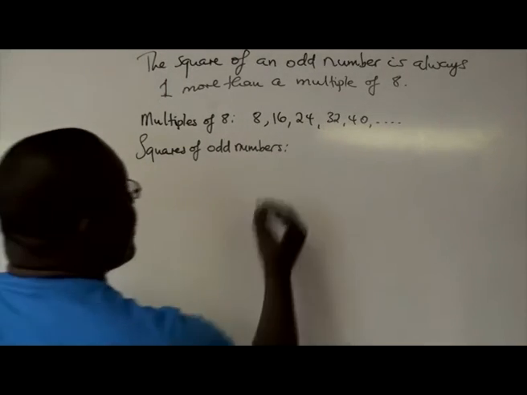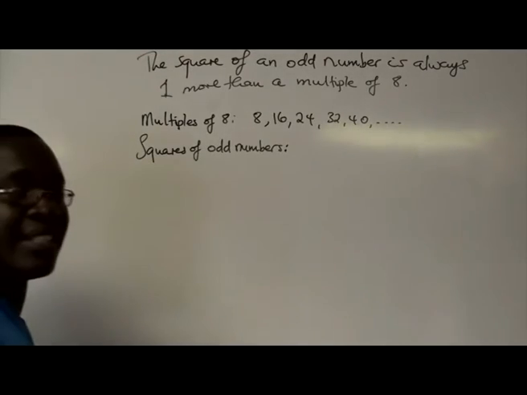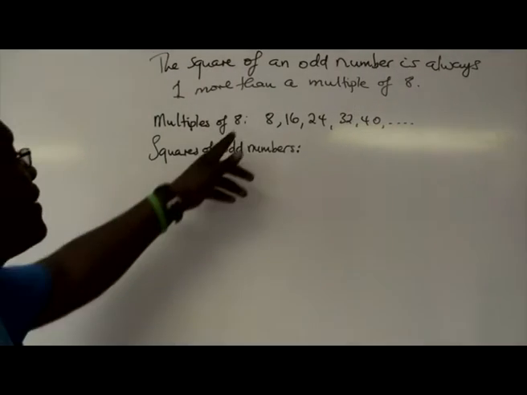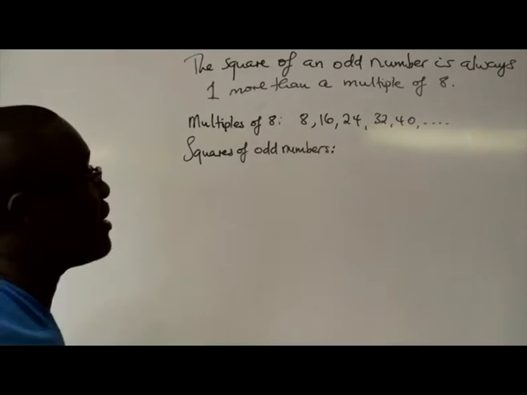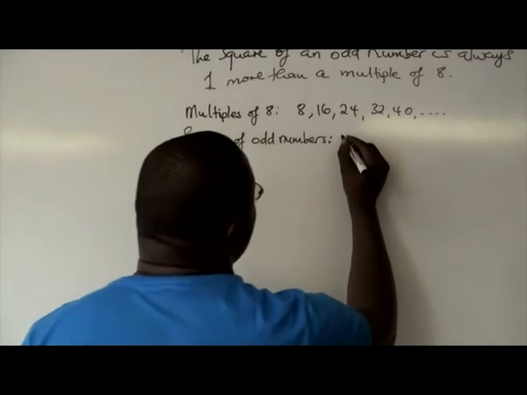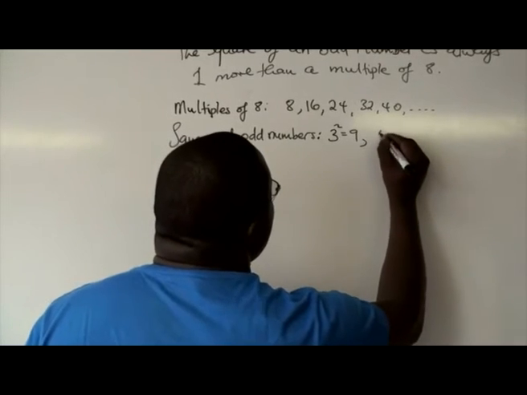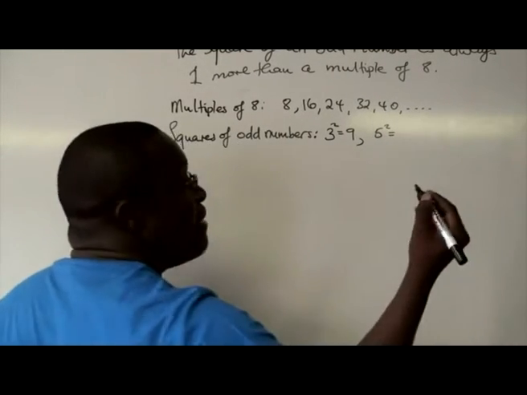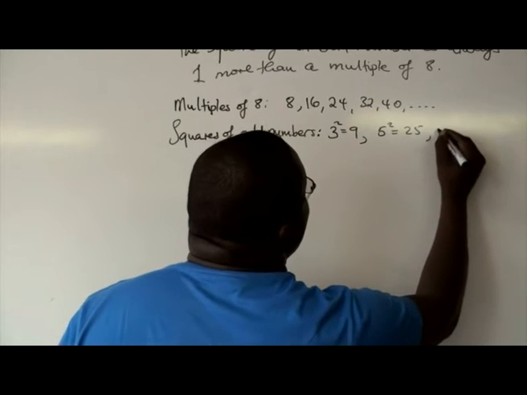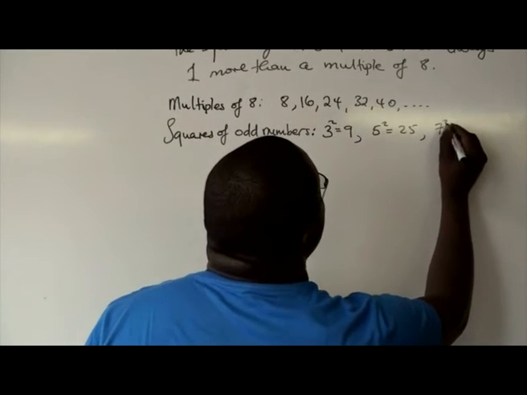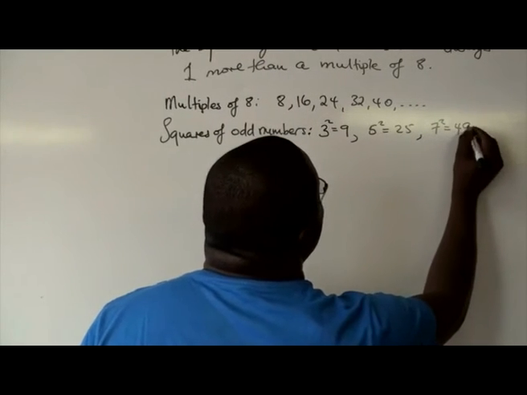Now, I'll start at 3 because 3 squared is equal to 9, which is the first one that's above 8. 1 is inconsequential. So 3 squared will give me 9. 5 squared, which is the next odd number, will give me 25. And 7 squared, which is equal to 49, right?